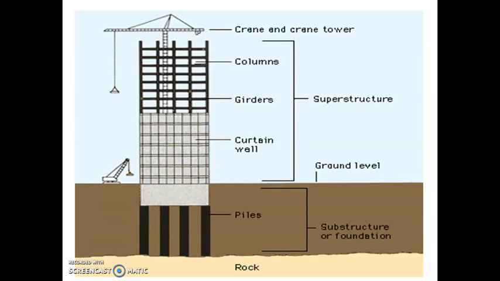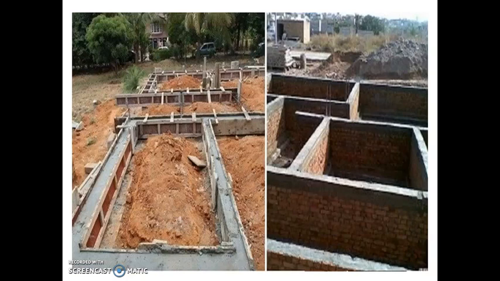In this diagram, you are not able to distinguish the plinth. But here I'll show you an image. In this image, a plinth is there, which gives you the ground level. Basically, the plinth gives the floor level above the normal ground level.